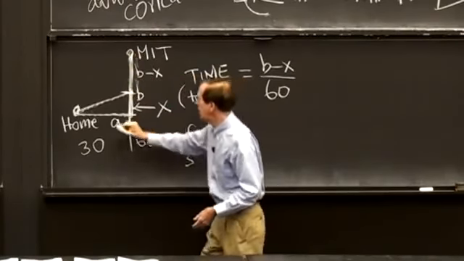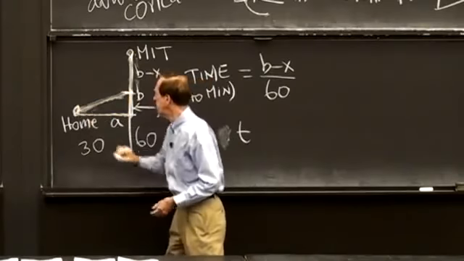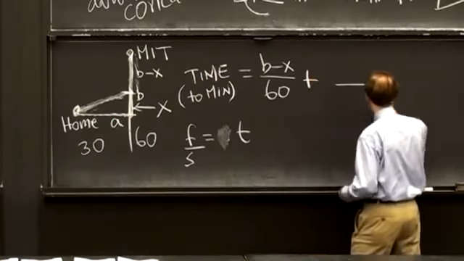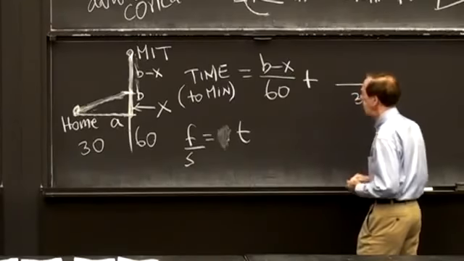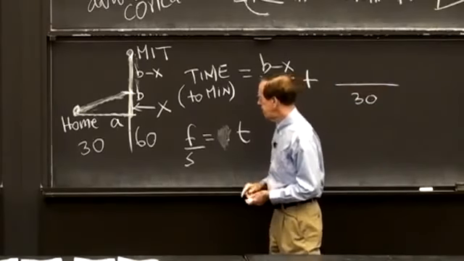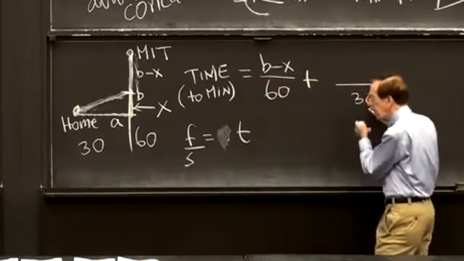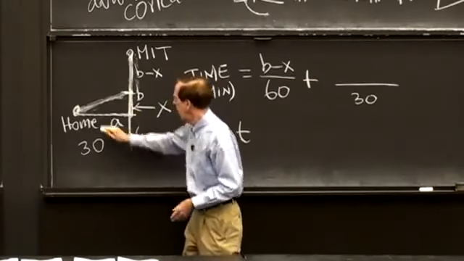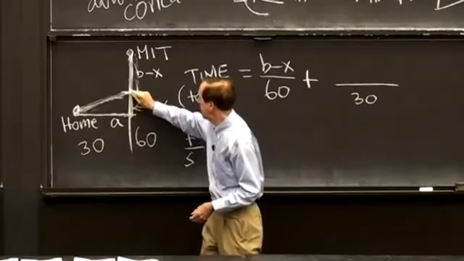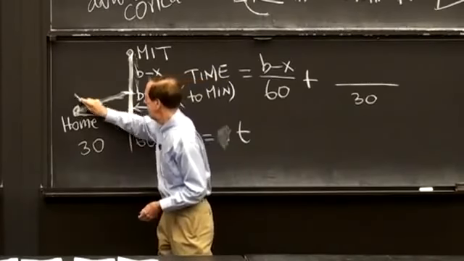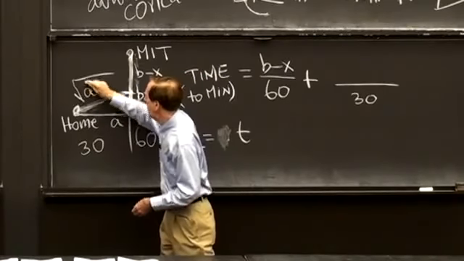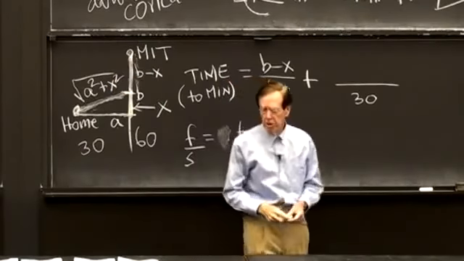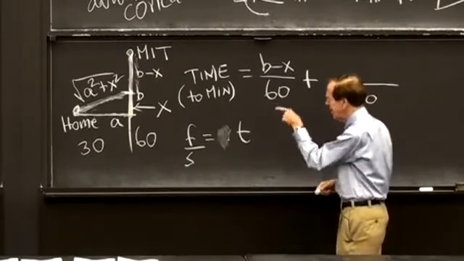And now I have the distance on the city streets. Okay, so that speed is going to be 30. So the time is going to be a bit longer for the distance. And what is that distance? Okay, that was a, this was x. Pythagoras is the great leveler of mathematics.